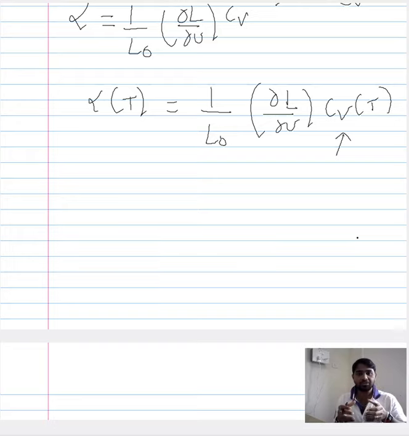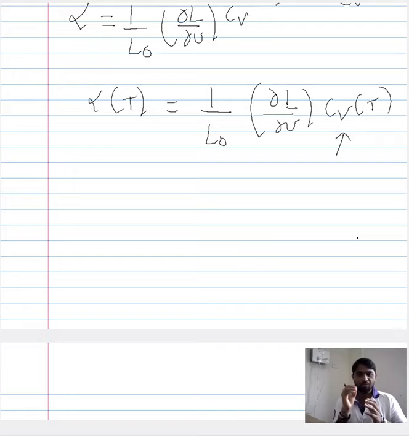So this is how far we can get into the relation between thermal expansion and temperature in this lecture. We have arrived at a relation which shows that the influence of temperature on the coefficient of thermal expansion is a reflection of the influence of temperature on the heat capacity of the material at constant volume.